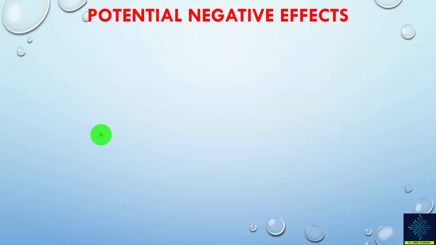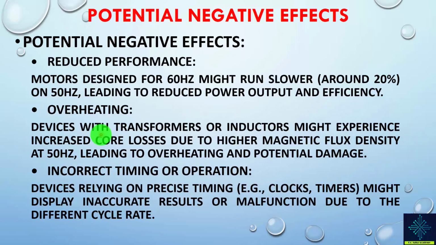But this is not always the case. Now we want to study the case when there is a difference. One of the potential negative impacts would be reduced performance. Motors designed for 60 Hz will run slower, by some 20%. For those who are interested, maybe in a subsequent video, I'll prove mathematically why 20%.